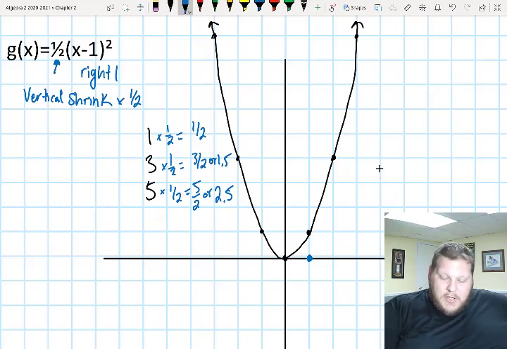So here, I'm going to go from my vertex at 1, 0. I'm going to go up a half and over 1 on both sides. Because again, instead of going up 1 over 1, I'm just going to go up a half as much. Next one, I'm going up 1.5 over 1. So 1.5 over 1 would be right here.